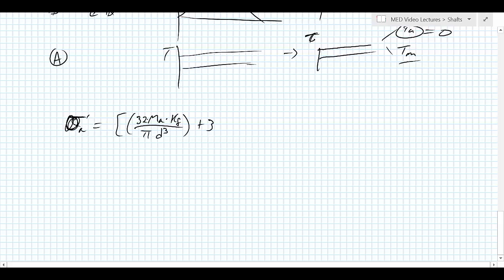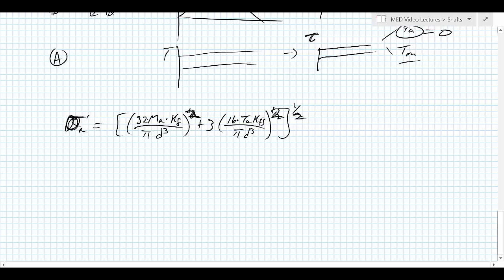And of course the other side of that would be the torque part, so we'd have 16 times the torque amplitude and whatever stress concentrations we might have, and pi d cubed. See, it's either squared, and then to the 1/2. So this is for the von Mises form.